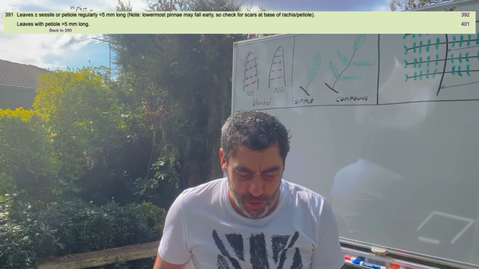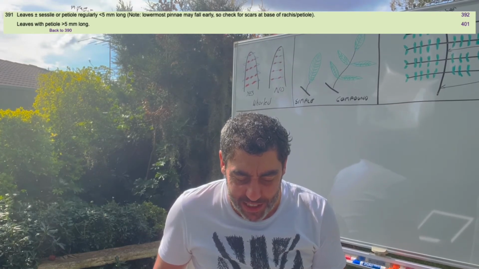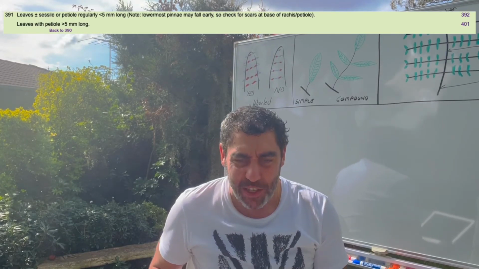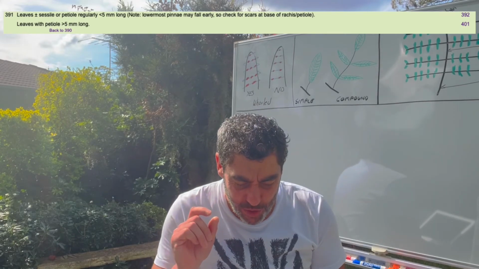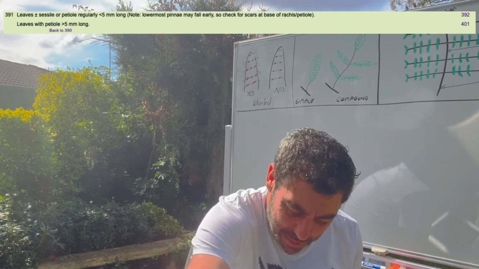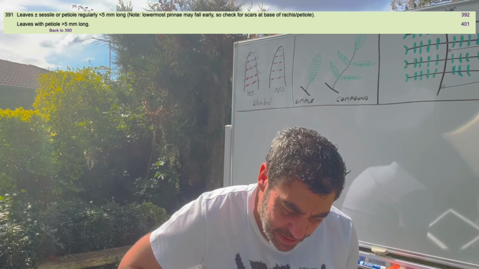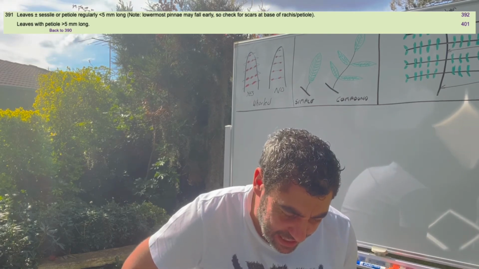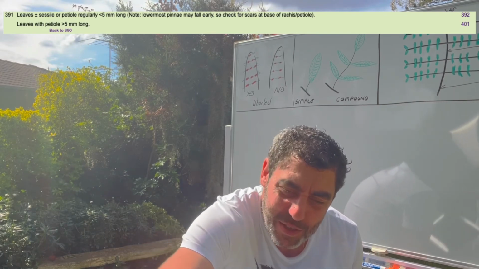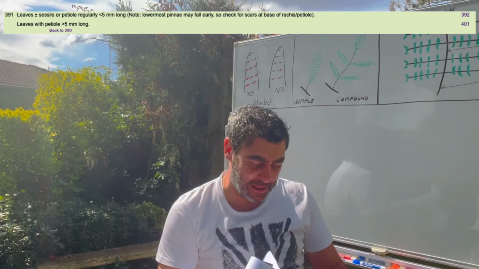391: leaves sessile or petiole regularly less than 5 millimeters long, or leaves with petiole greater than 5 millimeters long. We're going back to some definitions here, very important.